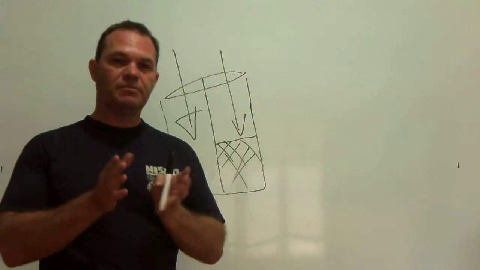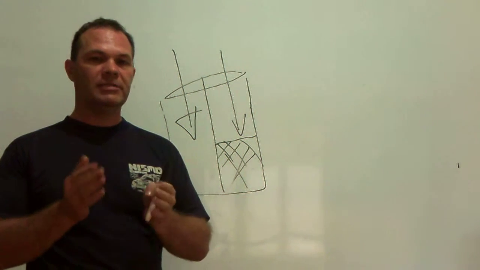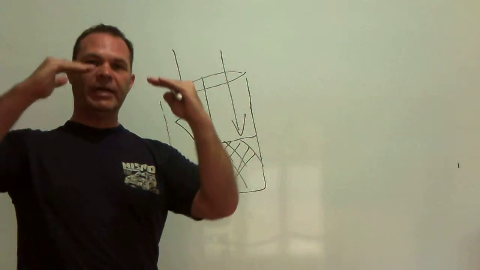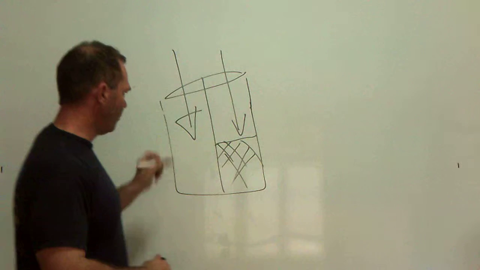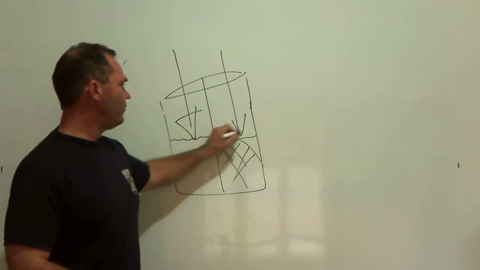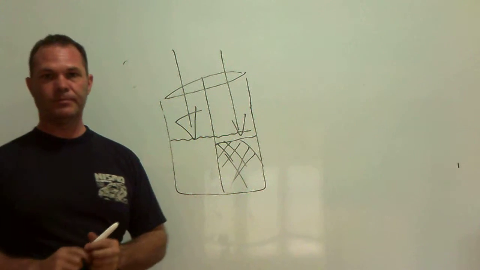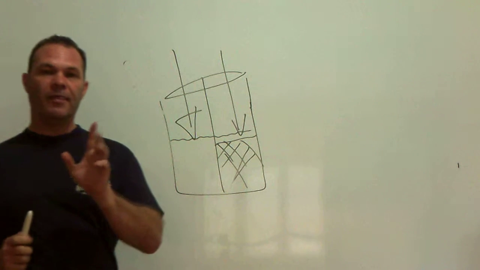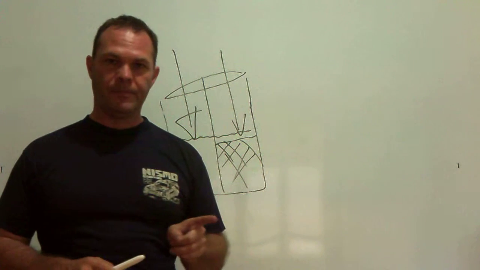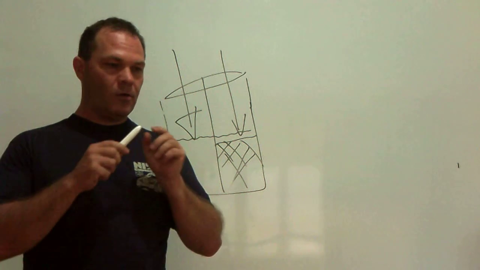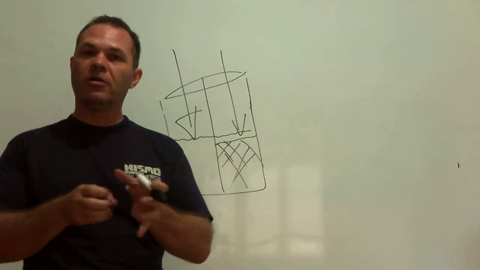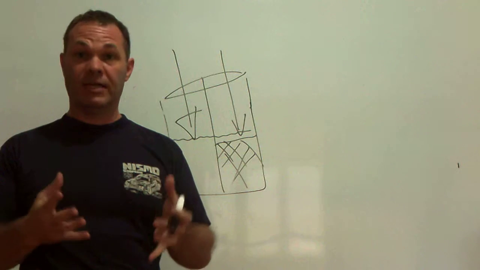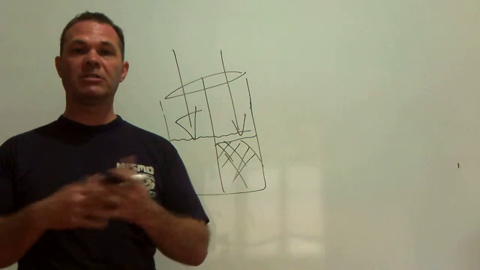Now what you would expect to happen is for both sides to equalize, to become the same level. So we expect the water level to be something like that. But that doesn't happen. Water will always flow into an area where there's a high concentration of something like salt. That's called osmosis.